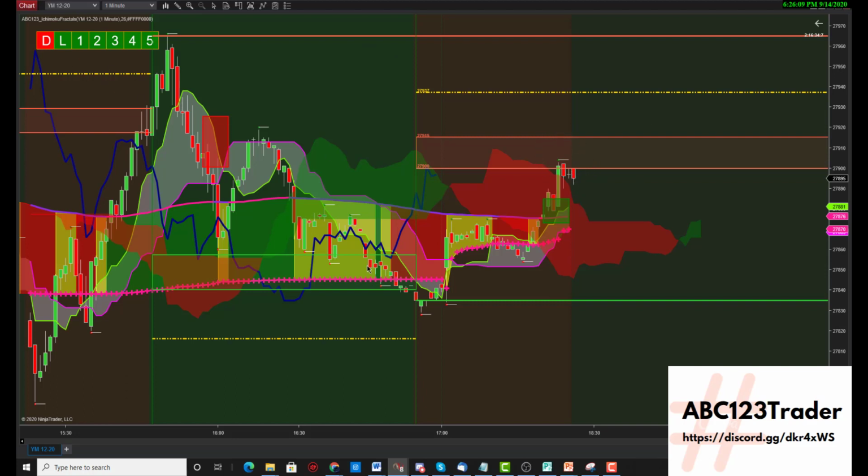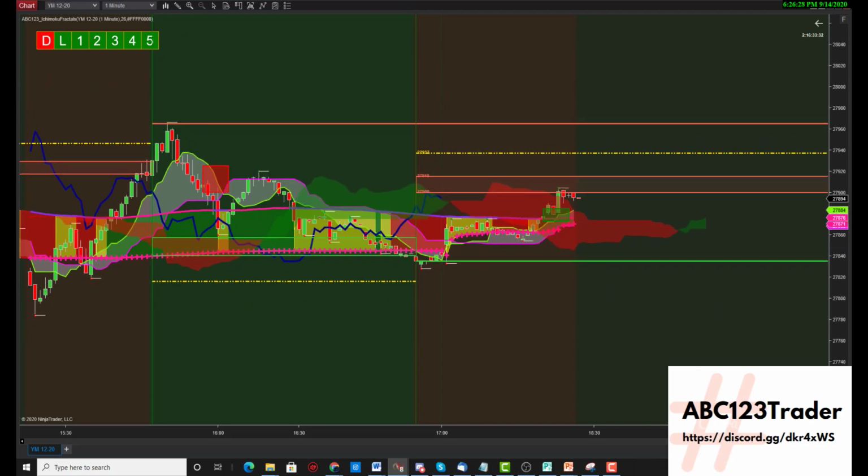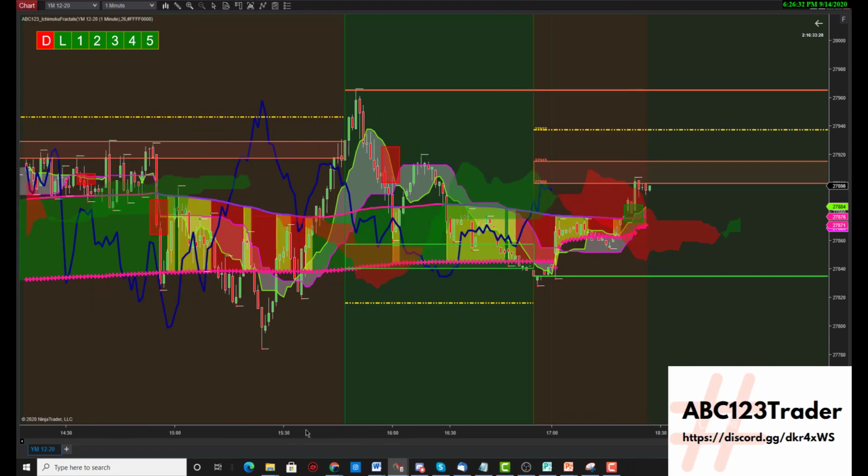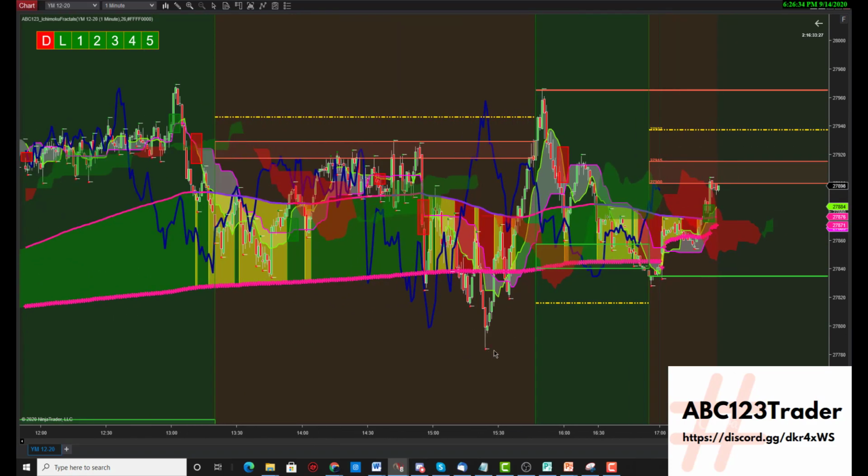Even though Leap Tracker and everything else is going to the upside, we did break the cloud. But this is the earliest sign for, I won't say counter trend trade, because we're kind of above the Leap Tracker, so it's kind of an iffy area. But once we break down, I'll be looking for lower areas of interest.